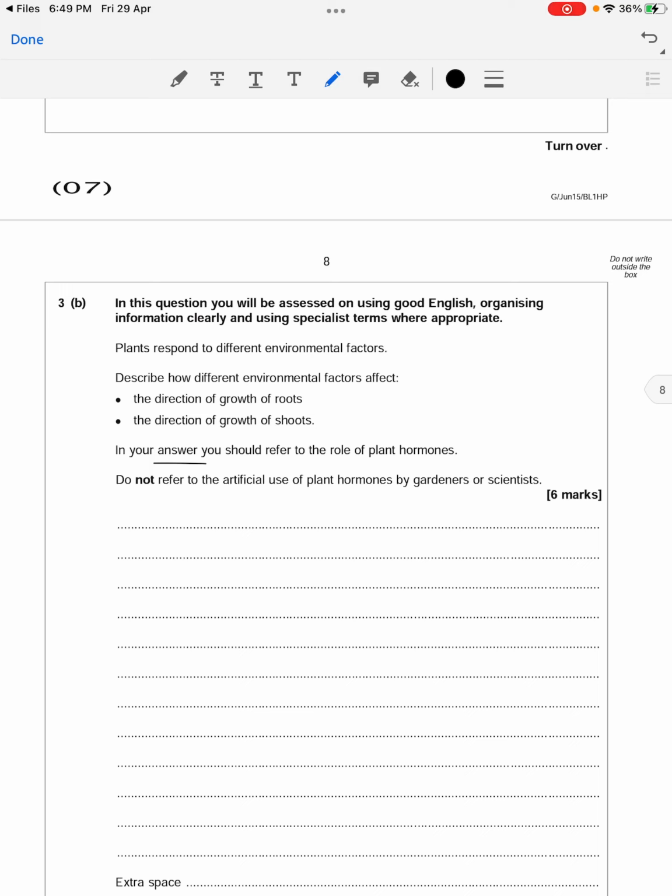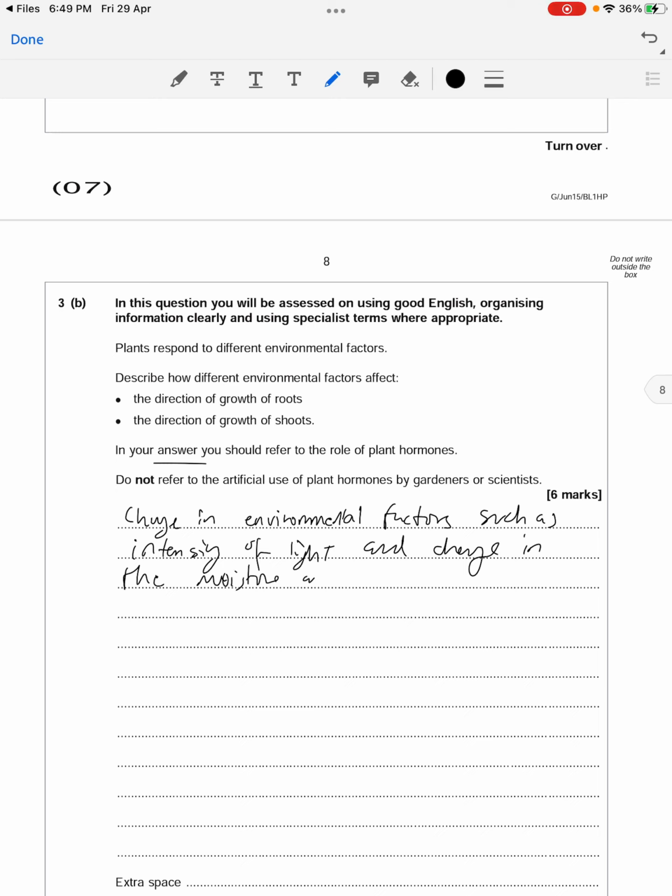Okay, so how plants respond to different environmental factors. You can say that there's a change in environmental factors such as intensity of light, and change in concentration, change in the moisture or water levels around the plant.